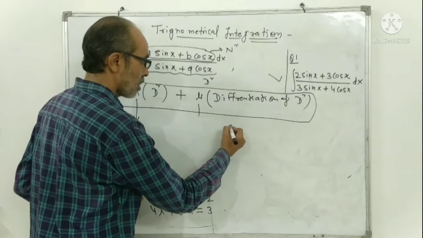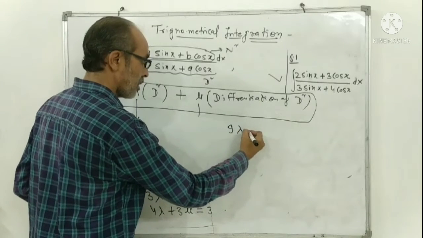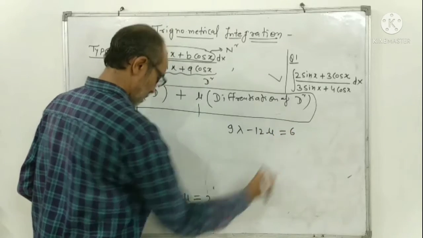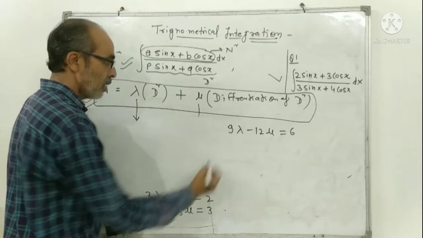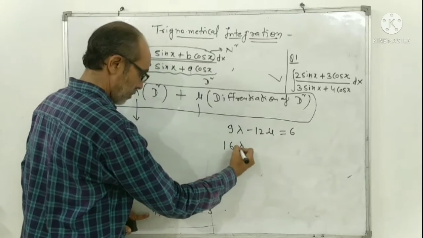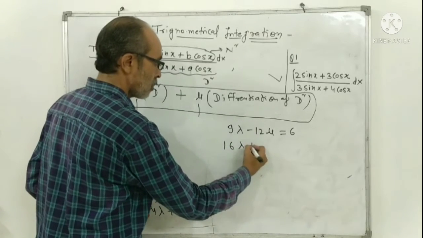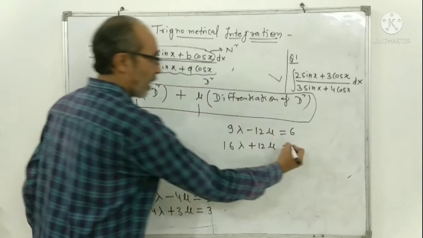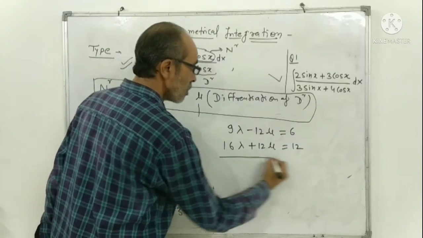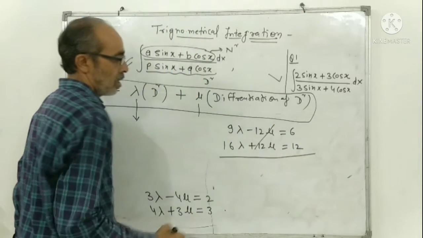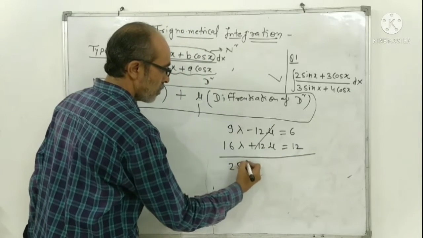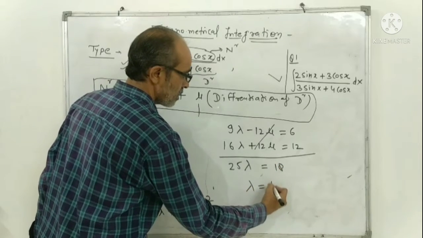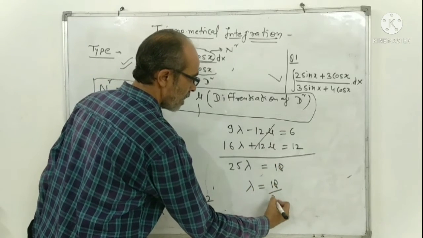So 9 lambda minus 12 mu is 6, and multiplying by 4, we get 16 lambda plus 12 mu is equal to 12. So here 25 lambda is 18 and the value of lambda is 18 divided by 25.